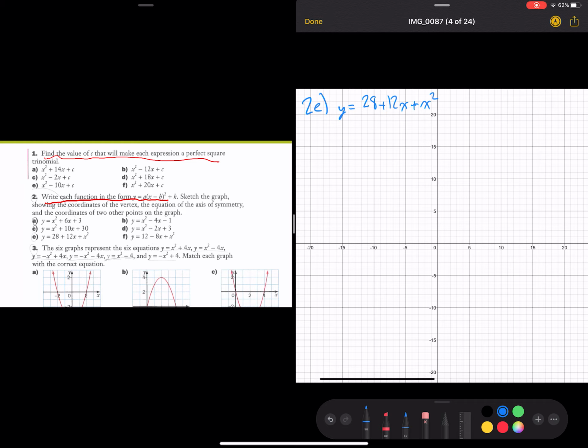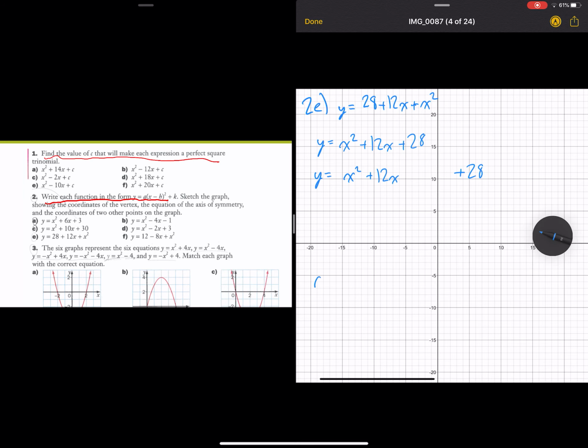All right, y equals, let's rearrange it. Bring the x squared over here. x squared plus 12x plus 28. All right, y equals, let's write it out again, plus 12x. Let's move this 28 all the way out here.